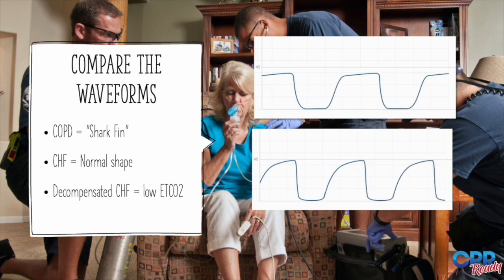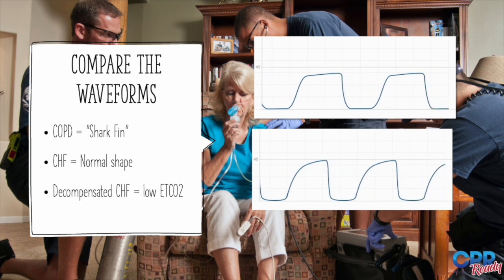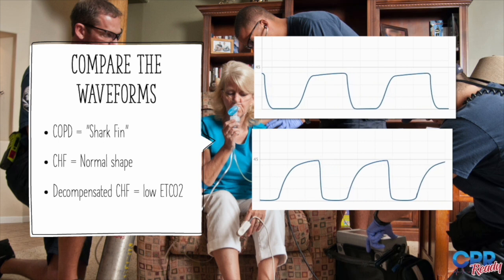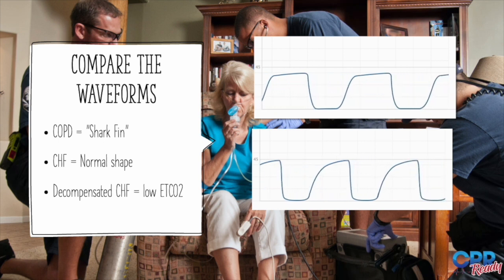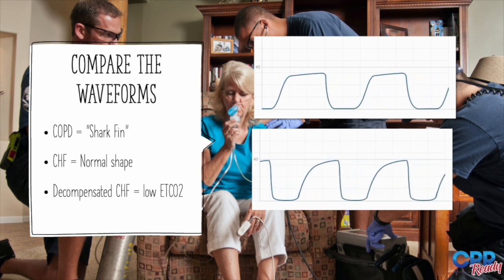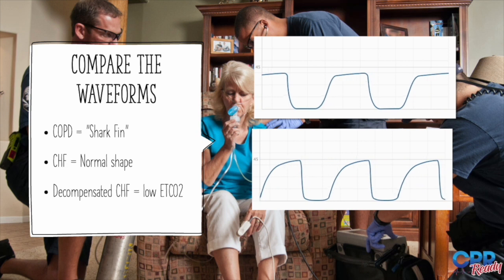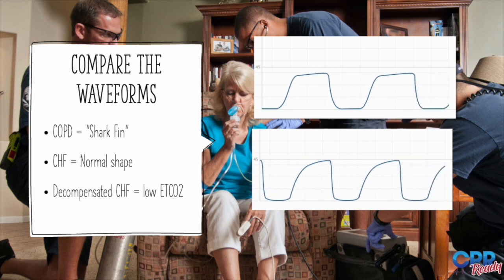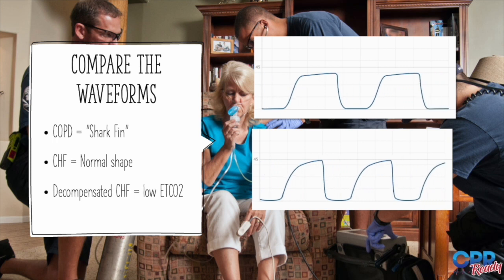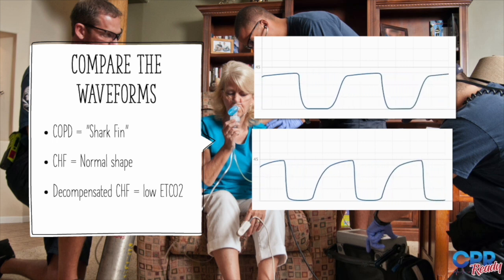Since CO2 diffuses pretty easily through fluid in the lungs caused by CHF, the waveform will stay normal in appearance, like the one on the top here. You'll still see that typical box shape that we've talked about. Look out for low end tidal though, a low capnometry with a relatively normal rate and tidal volume.